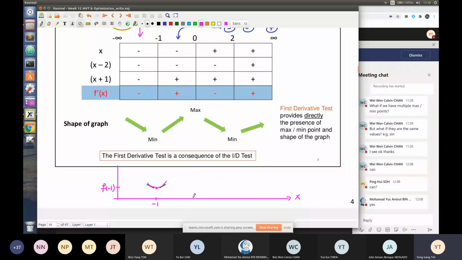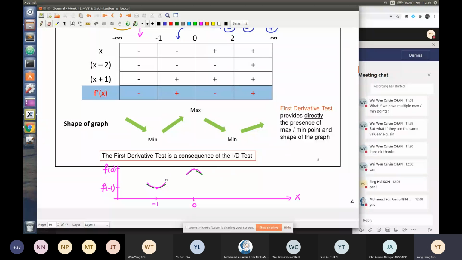So at x equals 0, maybe my f at 0 is there. This is f at 0, and I realize that you have increasing, decreasing. So hence, I can sketch this point. I know it's going to look something like that, and so on and so forth.